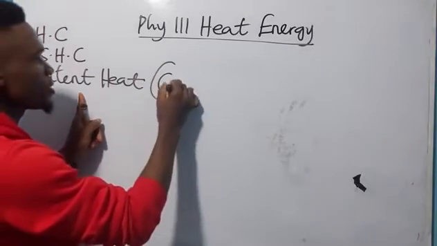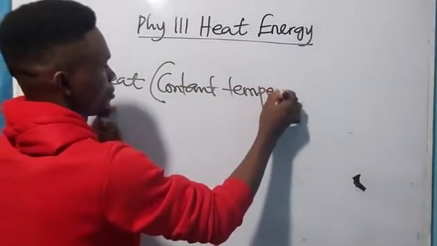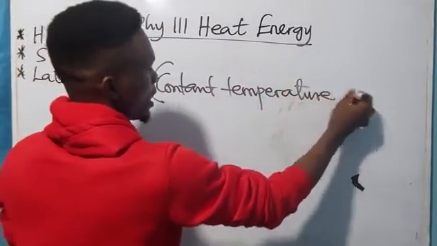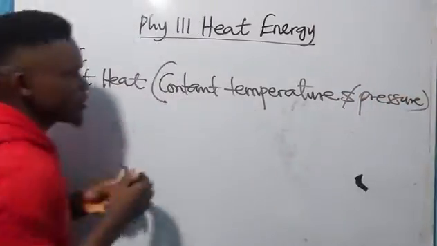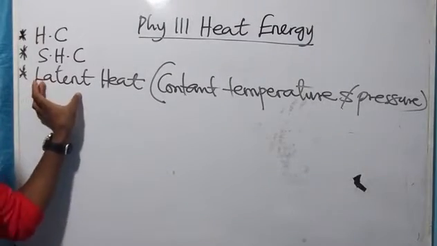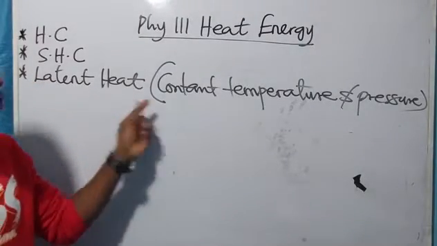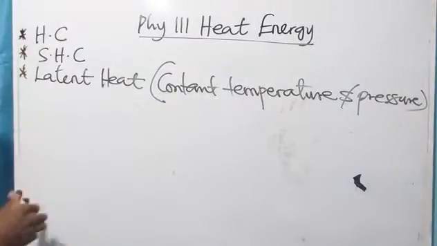There's what we call constant temperature and pressure. These two terms are very, very important. When you are stating the meaning of latent heat, you must include at constant temperature and what? Pressure. Now let's jump into it.